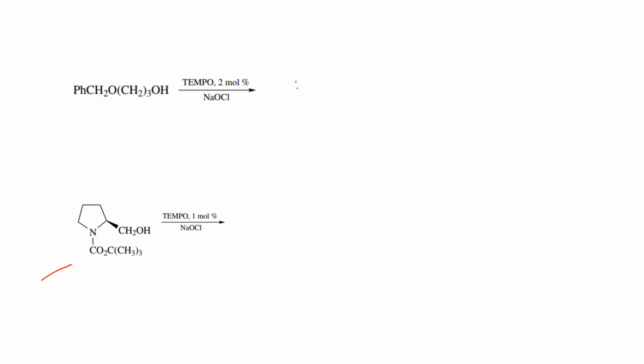If you draw it in an open system like this, there is an alcohol and an ether center, so the alcohol part will be oxidized. Similar in this case also.